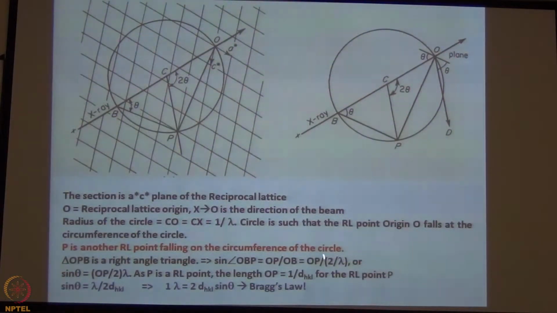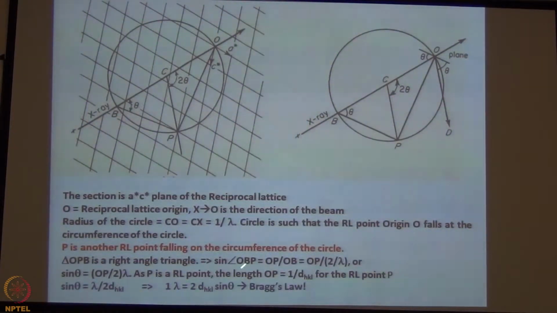What is OP? 1 by d_hkl. What is OB? The diameter of the circle. What is the radius of the circle? 1 by lambda. So the diameter of the circle is 2 by lambda. So I have put OP by 2 by lambda.